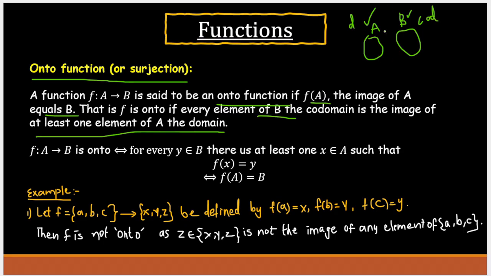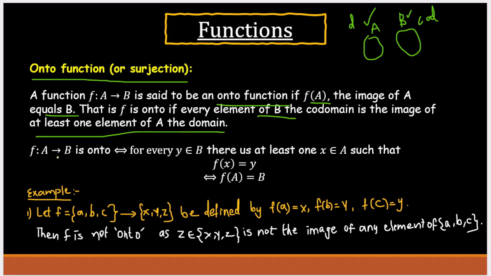And every element of A has an image from B. So here the image of A equals B, which means all the elements from B should have a correspondence in A. At least one element from A must have an image from B.